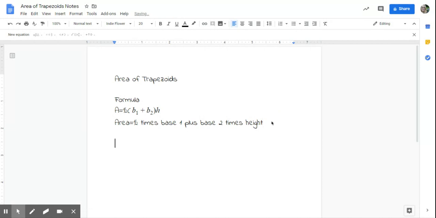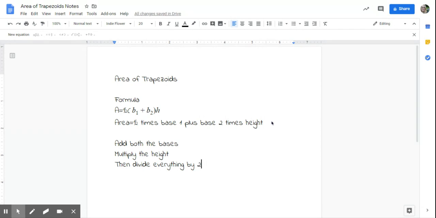So the best way that I can ever explain this is actually to give you a rhyme. So I'm going to write it out. I'd suggest that you write it out, and then we're going to talk through it a couple of times. So it's add both the bases, multiply the height, then divide everything by 2.